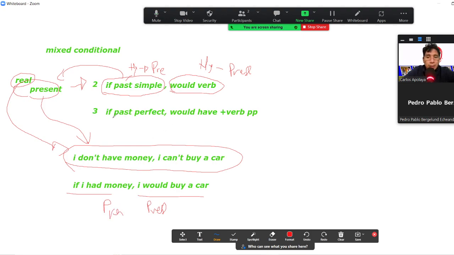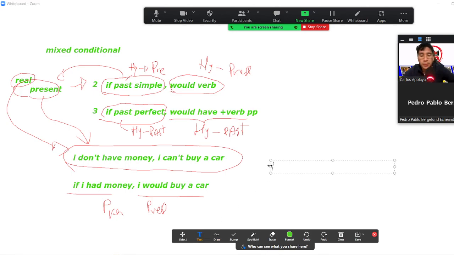Now, this is hypothetical or real? What do you think? Hypothetical. In the past or in the present? In the past. And this is a hypothetical result in the past.